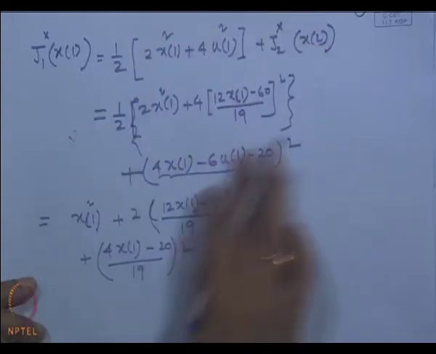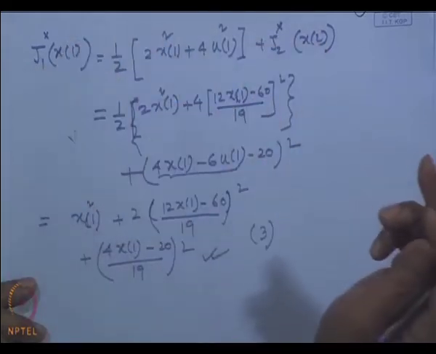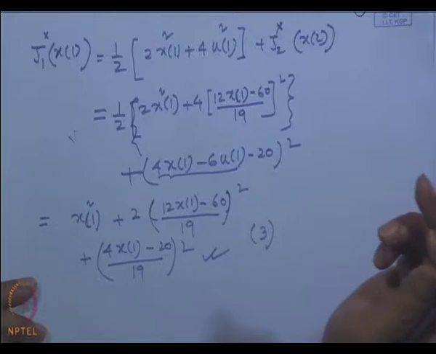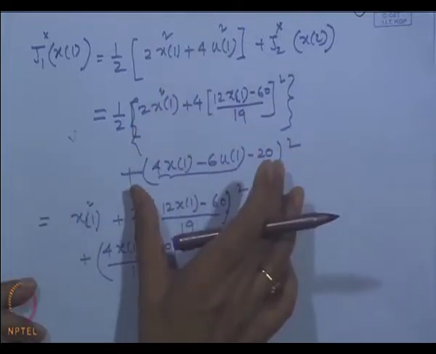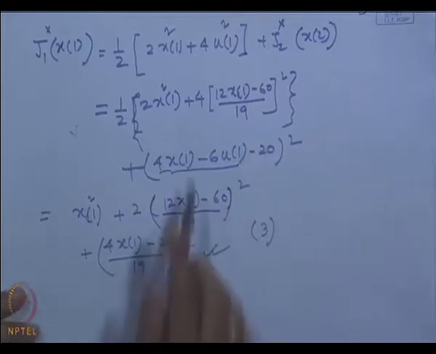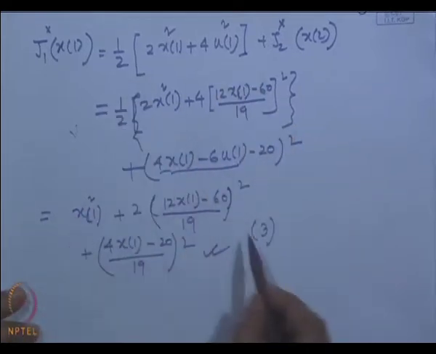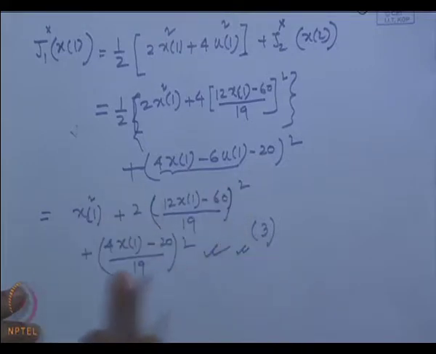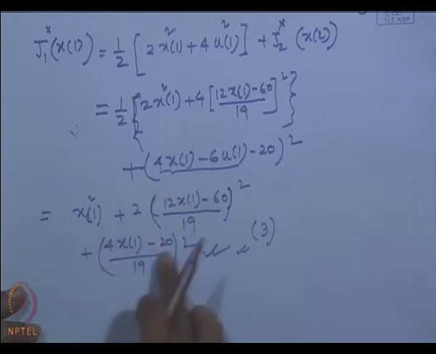So now it is the terminal cost required from J 2 to J 1, what cost is involved with this one.